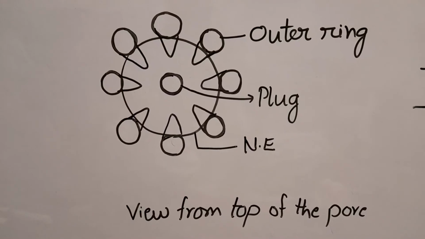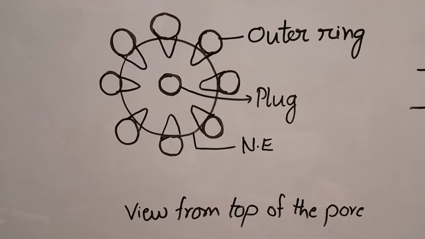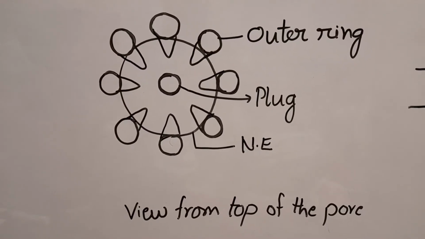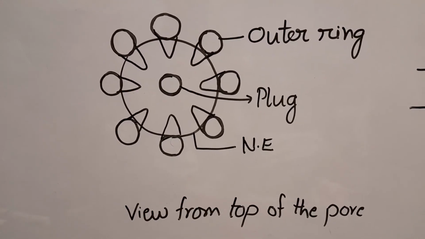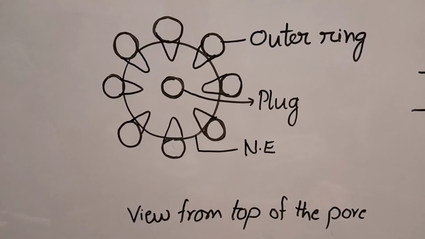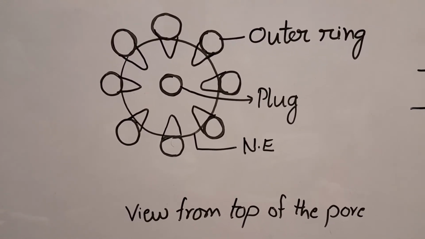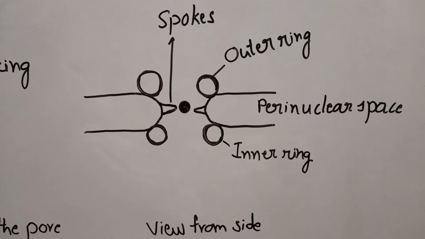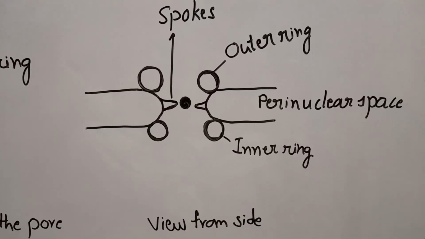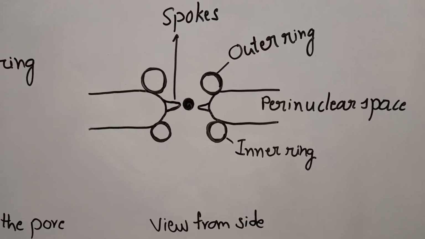It is the view of the nuclear pore complex from the top. Here 8 protein complexes are present in a ring manner, and the central part is the plug. It is the view of the nuclear pore complex from the side.